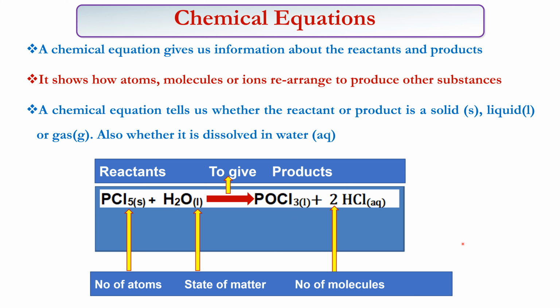So a chemical equation gives us a lot of information, and it also tells us the number of molecules that are reacting and the number of molecules that are formed. For instance, the number of molecules here is 1. The number here is 1 because there is no number written, but the number of molecules here is 2 because 2 is written there.